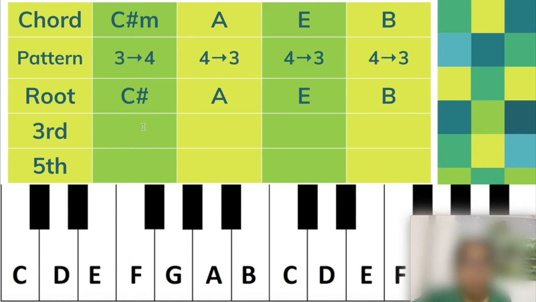Okay, in that video, we saw that the C sharp minor chord is composed of the C sharp pitch, E pitch, and the G sharp pitch.